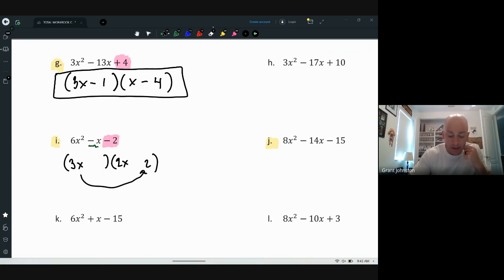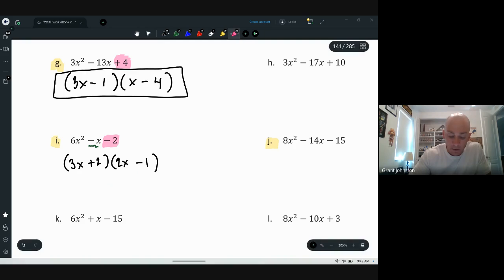I'm trying to get to a negative 1x. So maybe if I just put like a negative 1 here, and then that means I would have to put a positive 2 here, because positive 2 times negative 1 is the negative 2 up here. So let's check to see if this works.